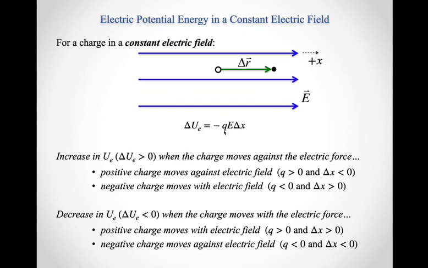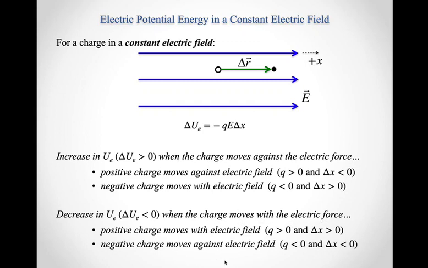So if I have a positive charge that moves with the electric field, I'll decrease the electric potential energy. If I have a negative charge that moves against the electric field, that will also decrease the electric potential energy. I know that decreasing the electric potential energy happens when my charge moves with the electric force.